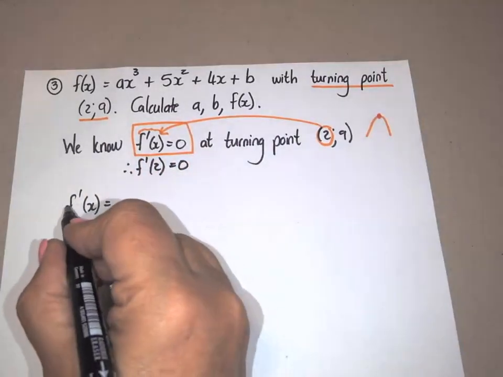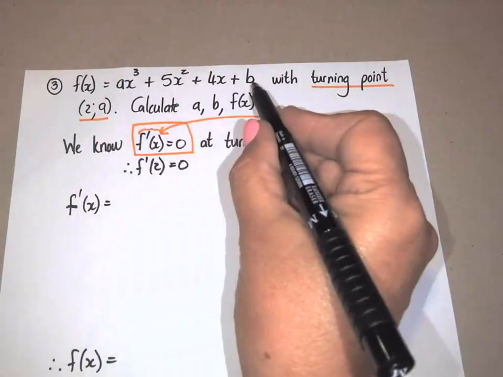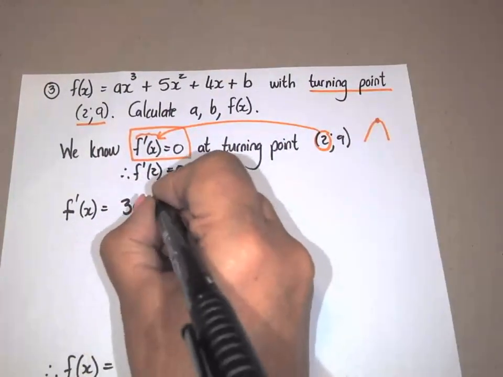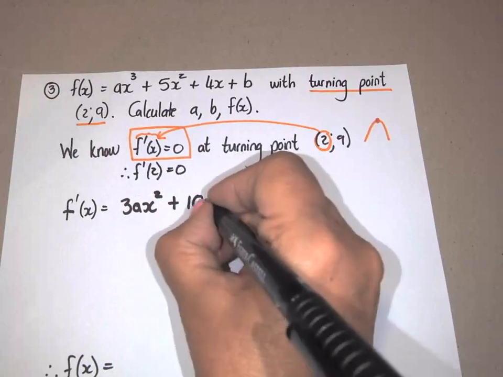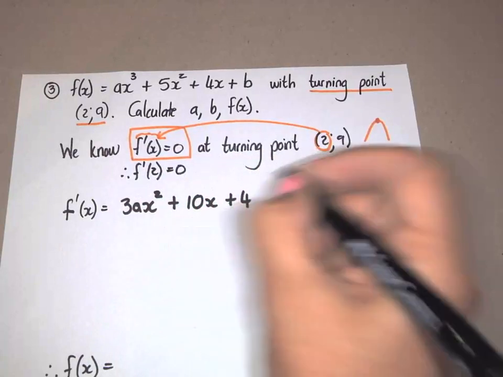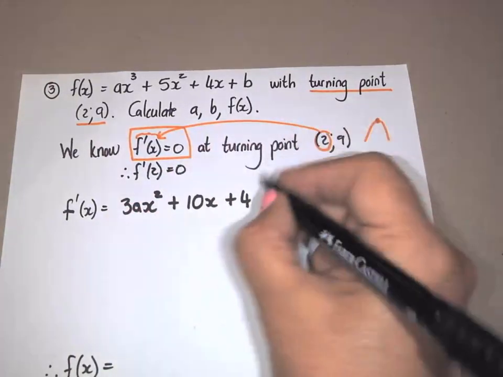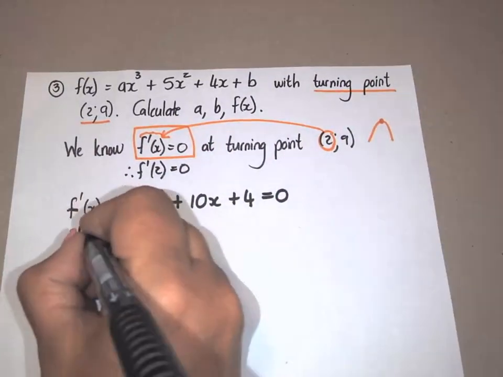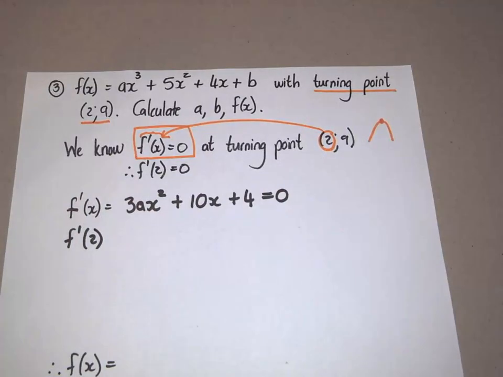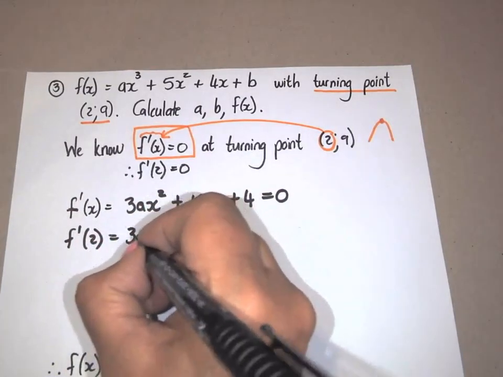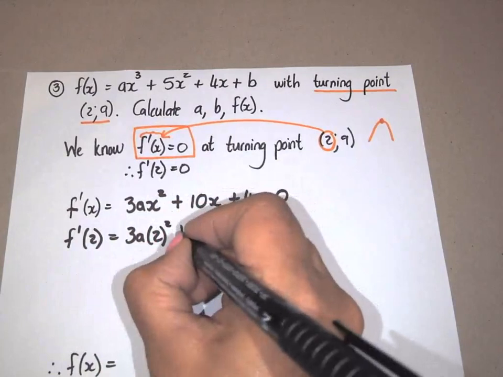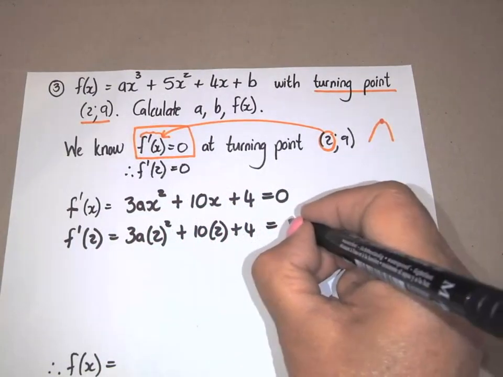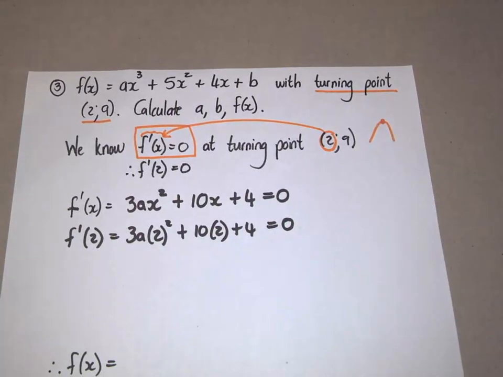So let's quickly differentiate the given equation. It's 3ax squared plus 10x plus 4, and that must be set to 0. Now I'm going to substitute the x's with 2. So it's 3a(2 squared) plus 10 times 2 plus 4, which is also equal to 0.